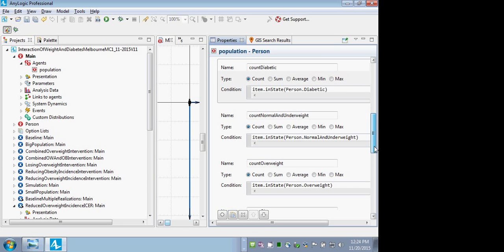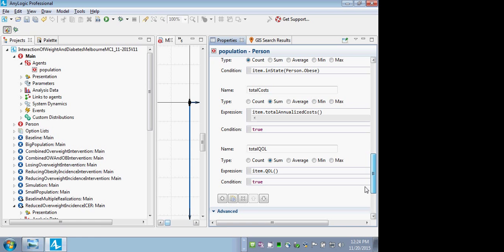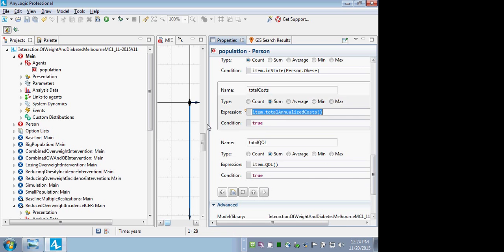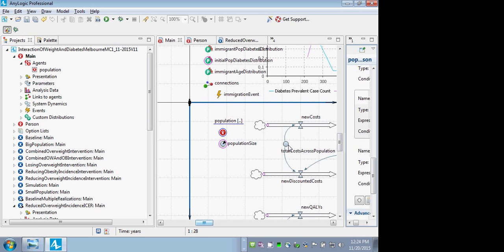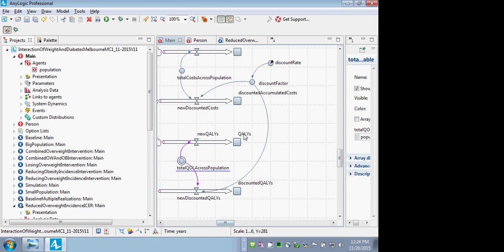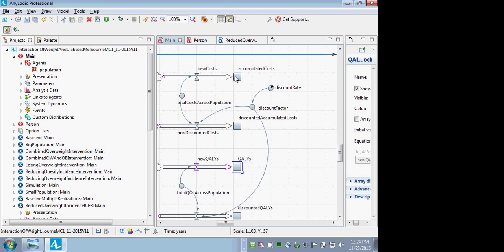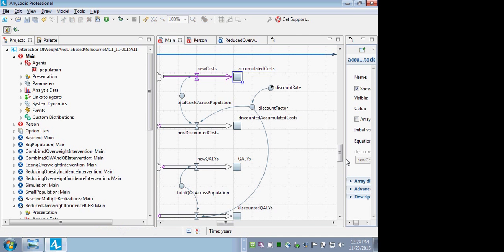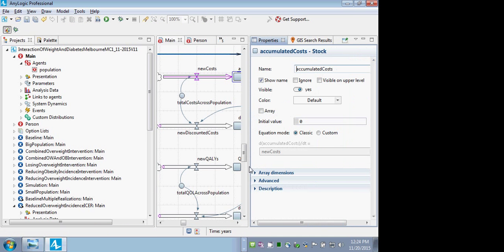And here, the statistic is such that it's a sum of quality of life across the population or total annualized costs across the population. And that's used here to do the total costs and to do the total quality of life across the population. Those are integrated up or summed up across time to get QALYs and cumulative costs in the discounted versions of them. And those are indeed what is used in the incremental cost effectiveness ratio.